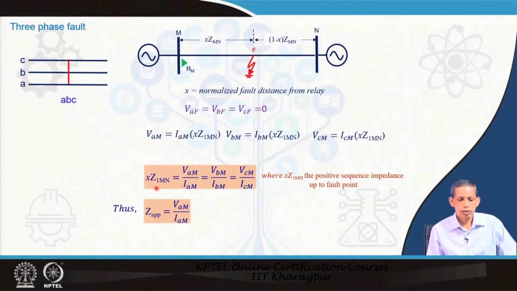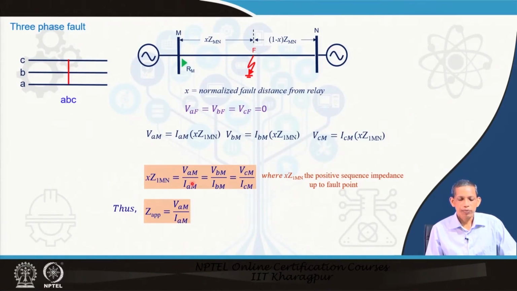So, the impedance from the relay bus to the fault point, x Z1 MN, can be obtained from the voltage divided by the corresponding phase current.